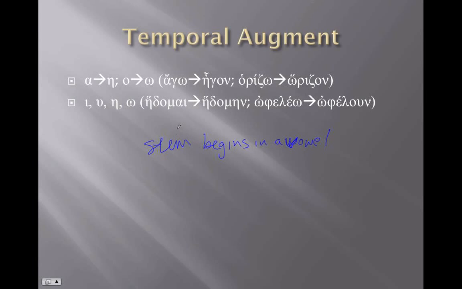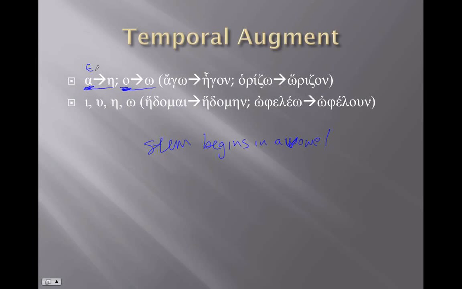Right, when the stem begins in a vowel, instead of adding simply an epsilon, what we're going to do is lengthen that vowel. So this is very easy when the stem begins in an alpha or an epsilon or an omicron.